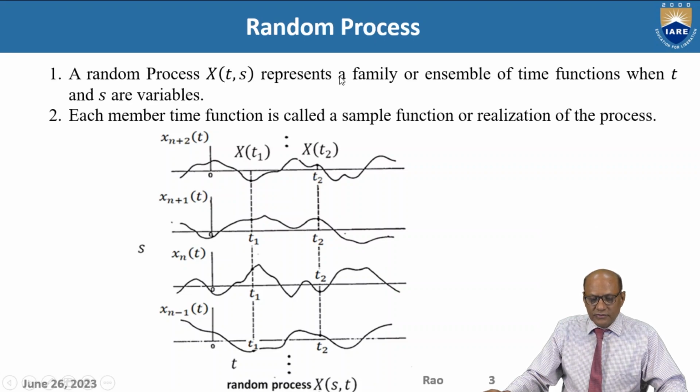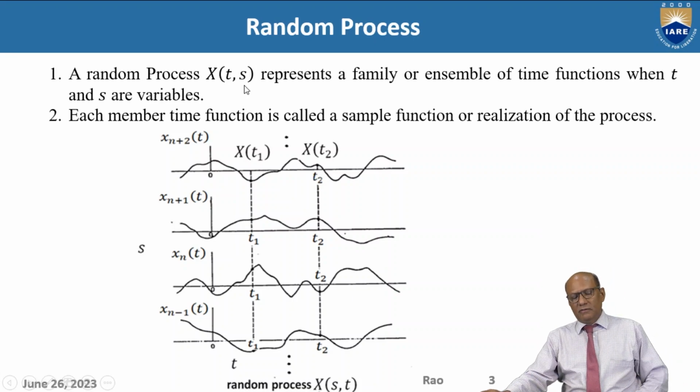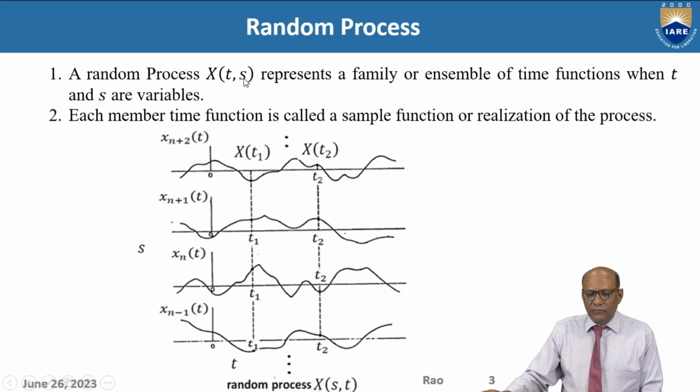It represents a family or ensemble of time functions where t and s are variables. Basically s is an ensemble variable. As in image processing, we don't physically have any spatial variable here, but it is some variable other than the time variable.